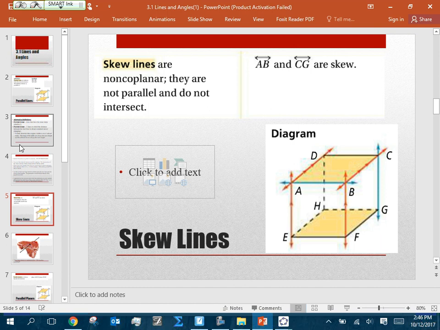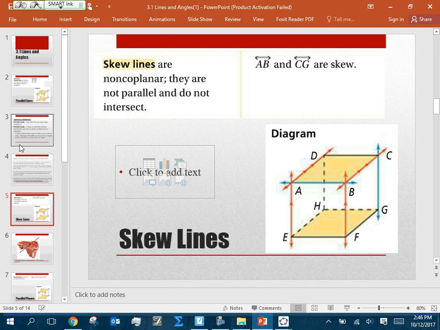On your chapter 3 quiz, one of the first vocabulary questions will be: these are two coplanar lines that do not intersect. And the next question will say: these are two non-coplanar lines that do not intersect. Every year somebody comes back and says, you put the same question in here twice. And I just say, read it again.